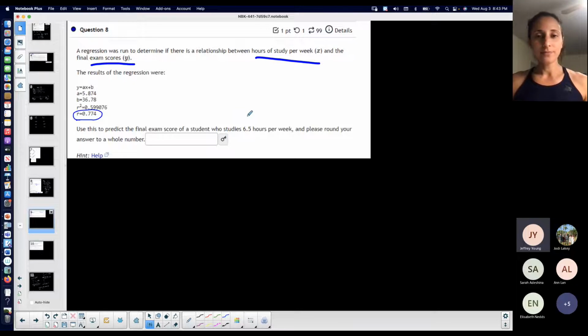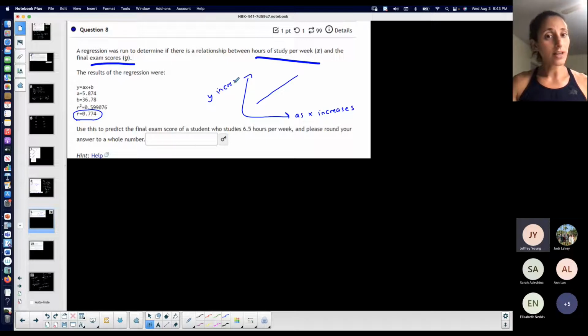Upward slope, okay, which means like this. The line's going up like that. So if I were graphing it on an X and Y axis, as X increases, Y is also increasing, correct? Because it's going up. She said upward slope, which means my slope would be positive, which means my linear correlation coefficient would be positive, which it is.